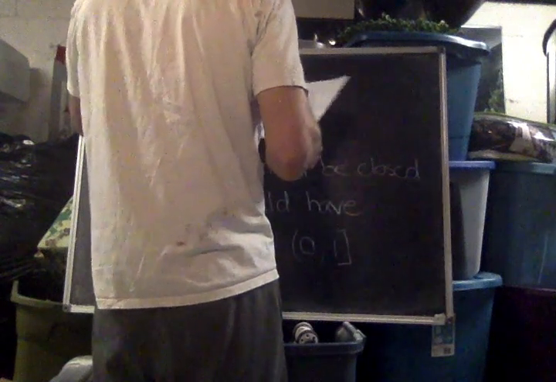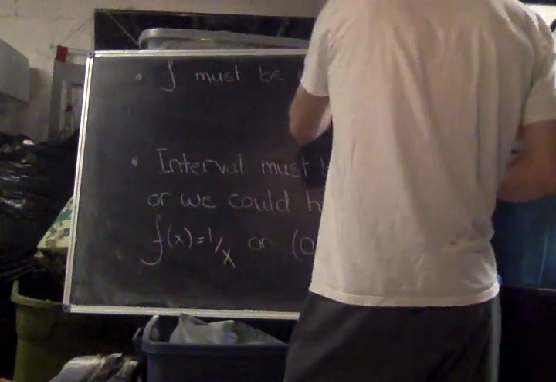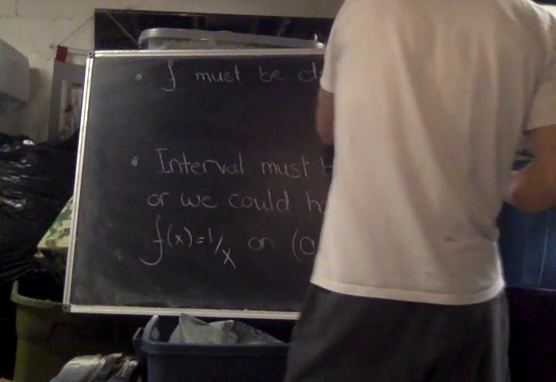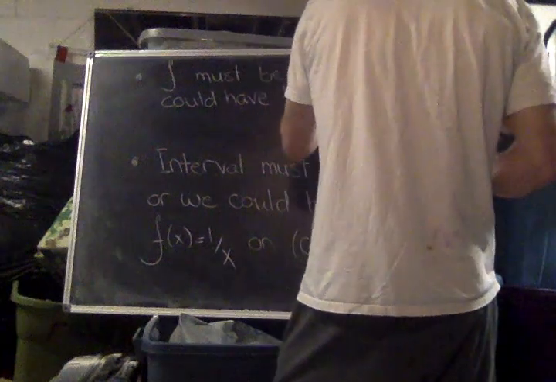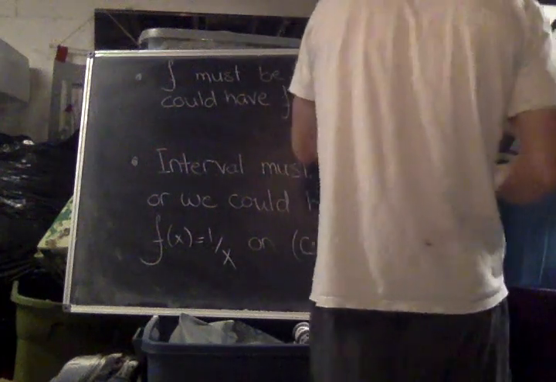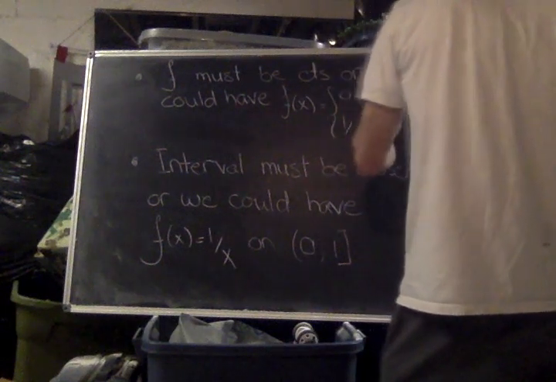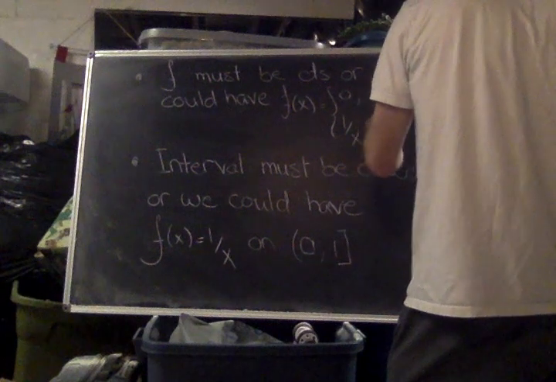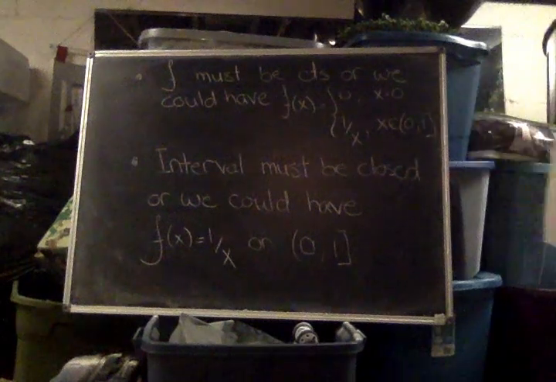So f must be continuous, or we could say have f of x be equal to 0 when x is equal to 0, and 1 over x if x, say, belongs to the half-open interval from 0 to 1, right?